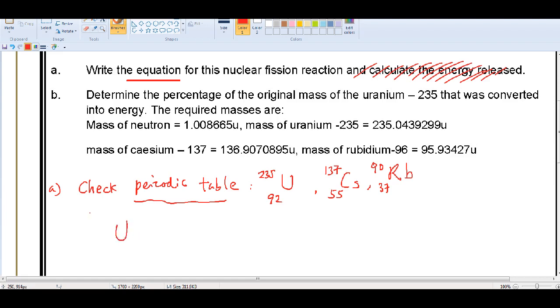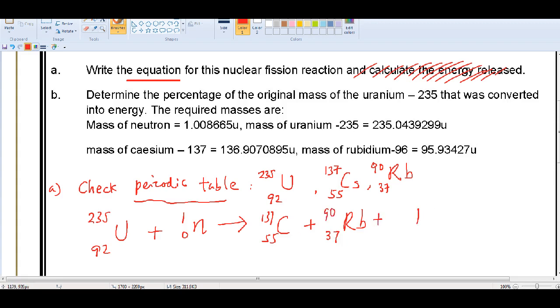So you got uranium 235, 92, bombarded by a neutron, and it becomes 2 smaller nuclei. Okay, so you need to balance.